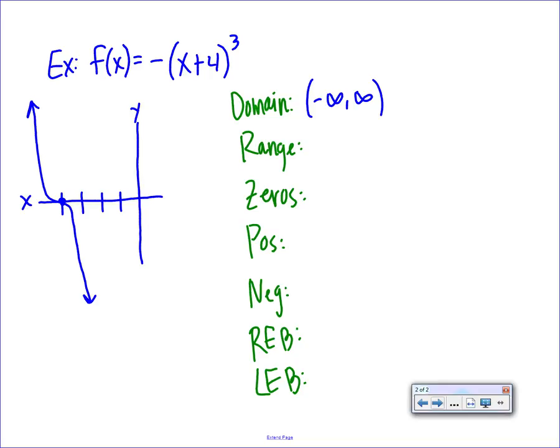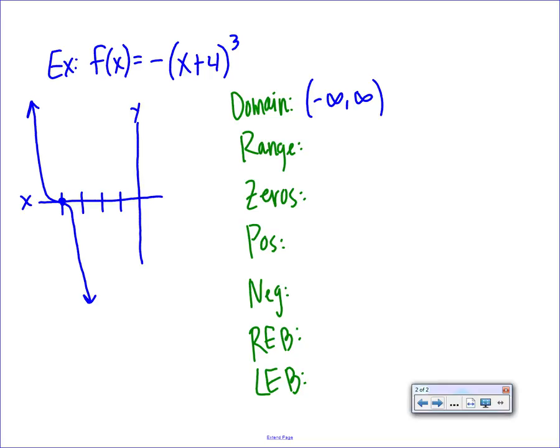Question, Katie? Since it's in the left side of the quadrant, wouldn't it be negative infinity to negative infinity? Well, you couldn't ever say an interval negative infinity to negative infinity, because that's not a range of values. I think what you're thinking of, Katie, is it's coming negative infinity from the x, and then you're saying, oh, it's going down, so then you think negative infinity for y.